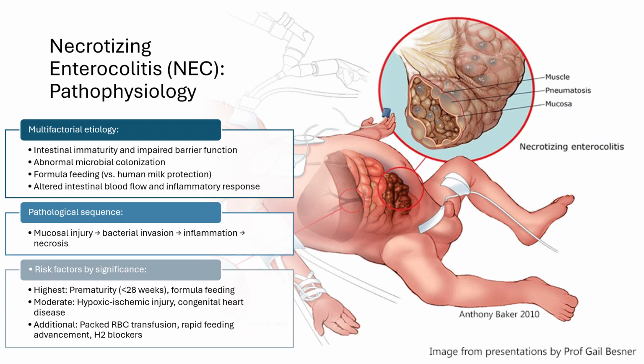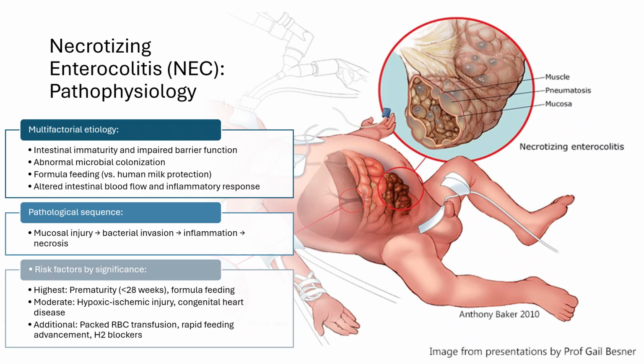The pathological sequence follows a predictable but devastating progression from mucosal injury to bacterial invasion to inflammation to necrosis. Initial mucosal injury can result from various insults: ischemia, feeding intolerance, or medication effects.